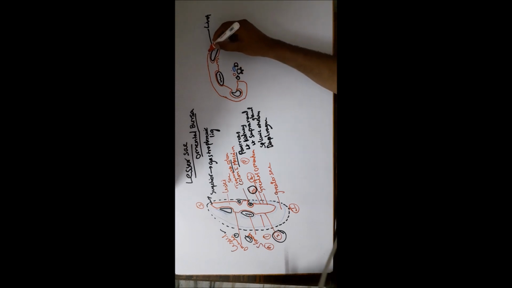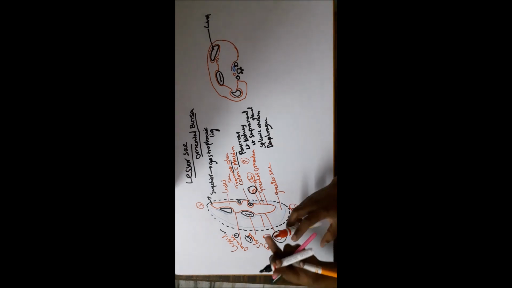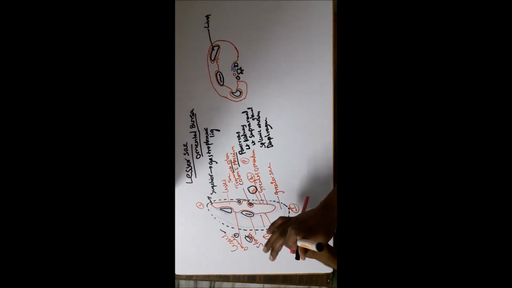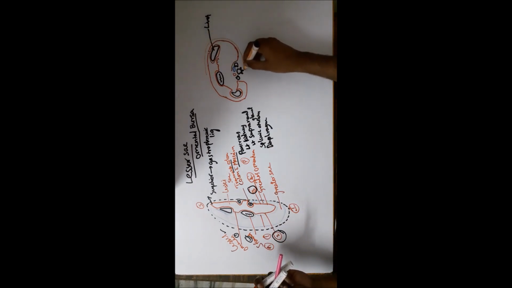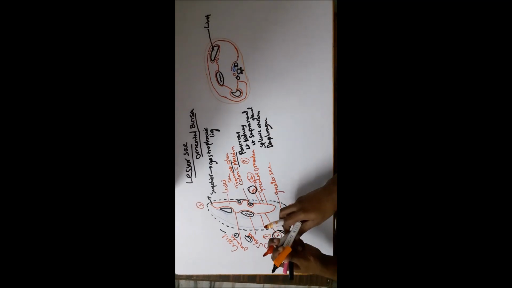This thing, trace this backwards. Around this we have our entire abdominal wall, anterior abdominal wall, posterior abdominal wall.